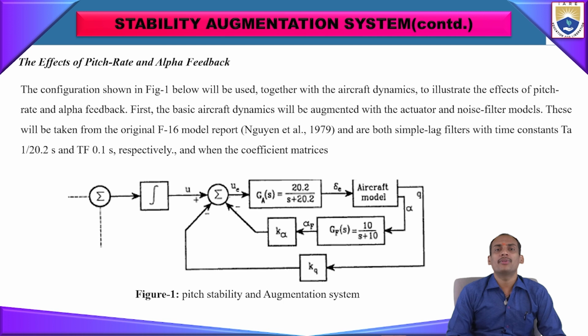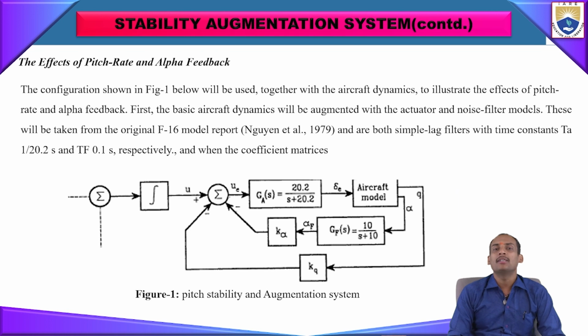In the last two videos, I explained this SAS system in two parts: what is involved in the pitch controlling system and the lateral directional controlling system, how the SAS system is installed, and its importance.